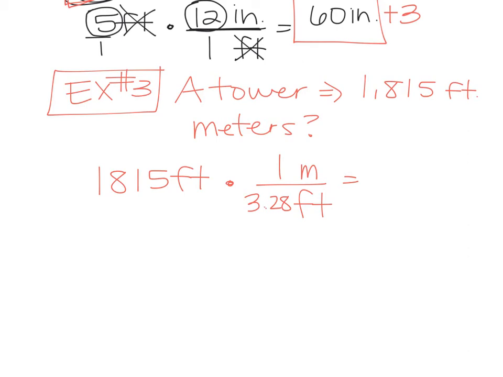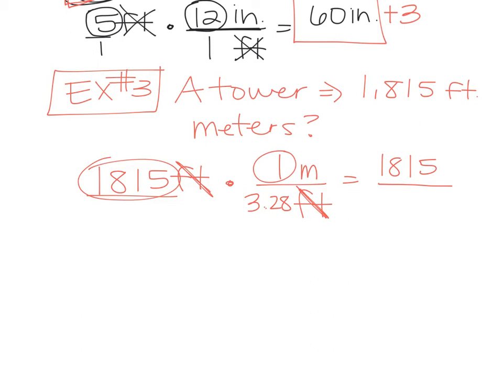Okay, so what cancels out right now? What unit? The feet, right? Top and bottom, they're gone. So if I multiply this, what's my numerator? Times 1,815, right? So you multiply, this is a numerator times a numerator, so you get 1,815.